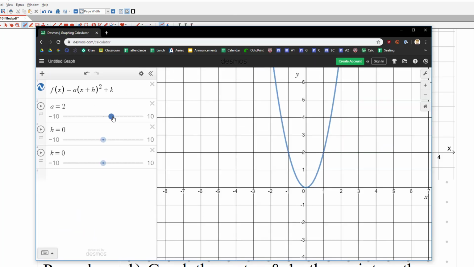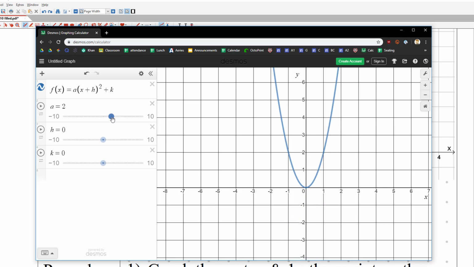If I drag a, oh, it gets skinnier and skinnier. What about if I go the other direction? 0, okay, well that makes sense. 0 times anything is just 0, the constant function. And negative, oh, it goes down instead of up. And even if it's a bigger negative number, it seems to get skinnier and skinnier. What we call this in mathematics is vertical stretch.